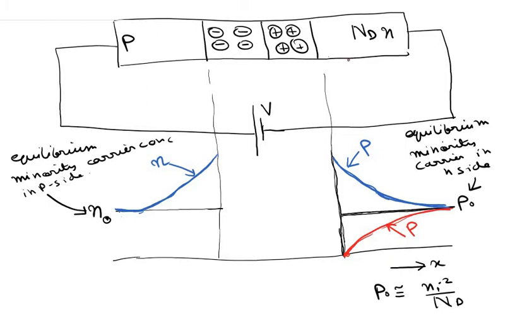Similarly, for the p side also, during reverse bias, the diffusion of electrons from the n side to the p side reduces due to increase in potential barrier. So this minority carrier concentration just outside the depletion region is actually 0. Okay, it is actually less than before, it is actually 0 now, because the diffusion rate of electrons has drastically reduced. The diffusion rate has approximately become 0. So the minority carrier concentration just outside the depletion region is 0, like the previous case.